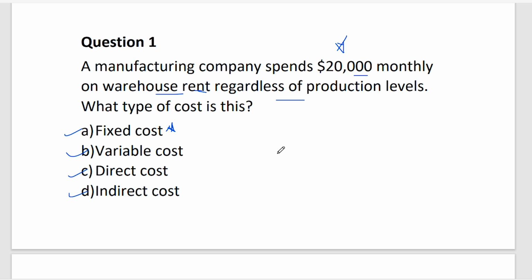What is a fixed cost? These are costs that don't change with the level of production. So if that is the graph we are dealing with, this is the cost we incur versus the production level.